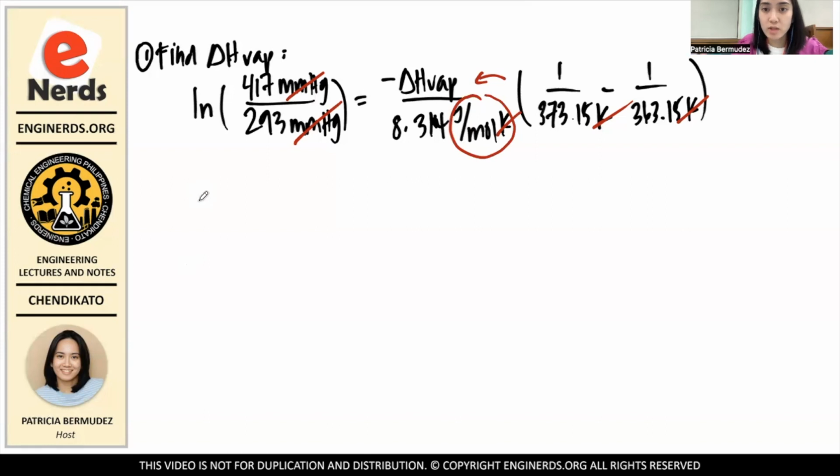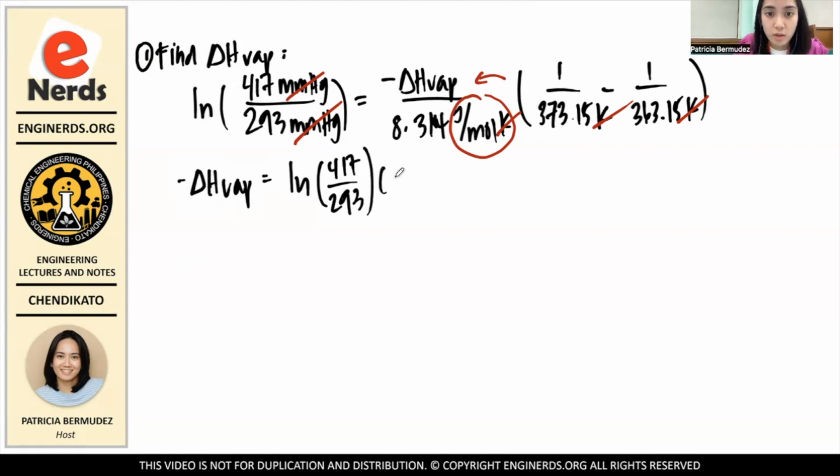So kung i-isolate natin yung delta H vap, it will be negative delta H vap is equals to this ratio here. It will be ln 417 over 293. Tapos, itong nasa denominator, mapupunta sa numerator on the other side of the equation. So, magiging multiplied by 8.314 joules per mole.